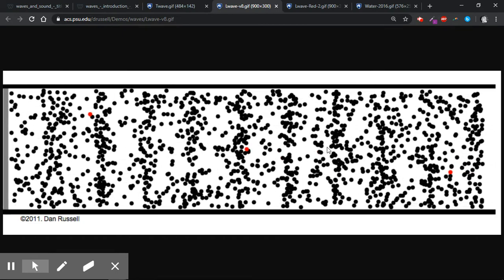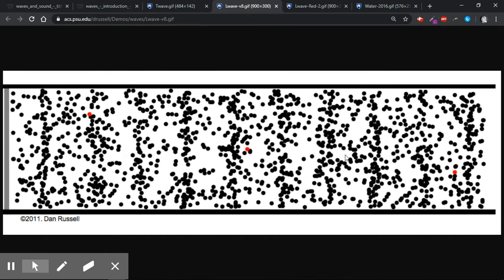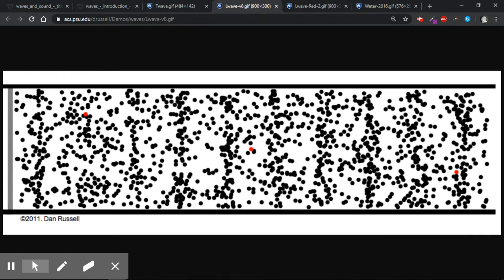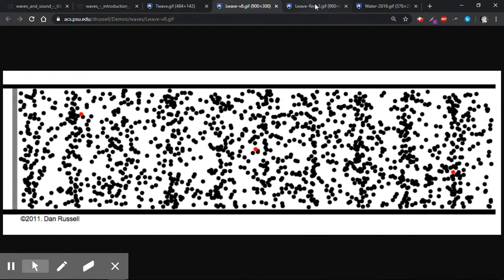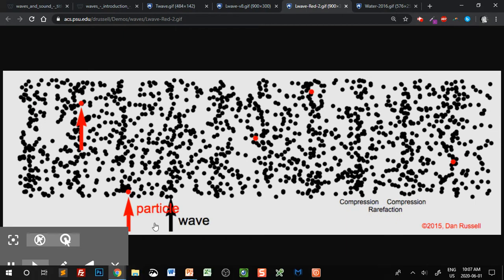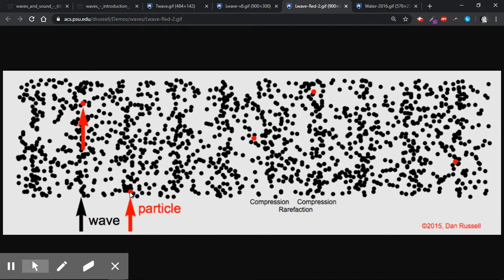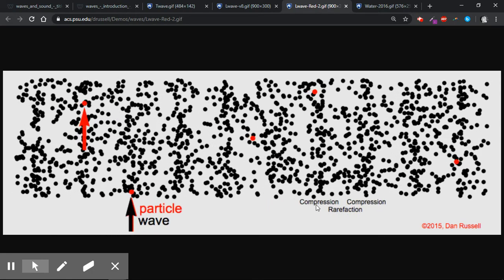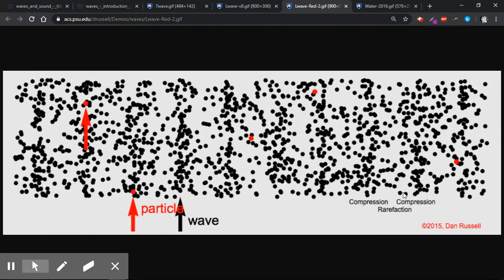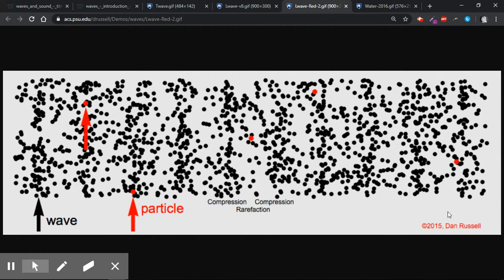So this has compression zones and rarefaction zones, and it moves at a very specific speed based on the wave. See, the wave is moving, the particle jiggles back and forth, and in the middle of two compression zones is a rarefaction zone.